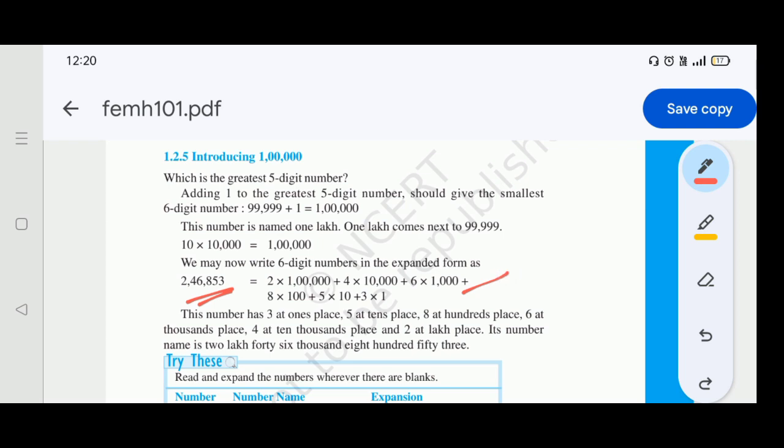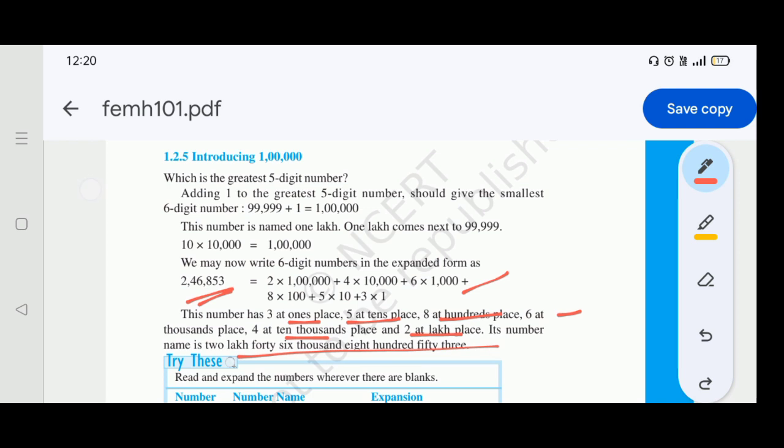So in this number we can say that 3 is at 1's place, 5 is at 10's place, 8 is at 100's place, 6 at 1000's place and 4 at 10,000's place and 2 is at lakh's place. Its number name would be 2,46,853. It is given over here.